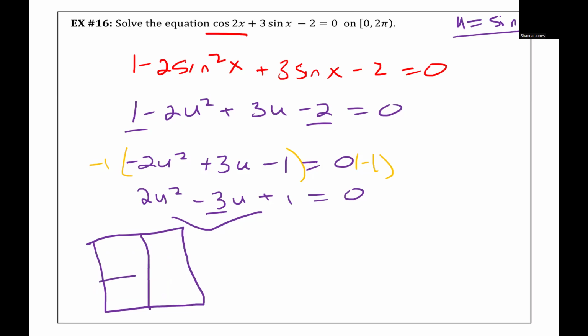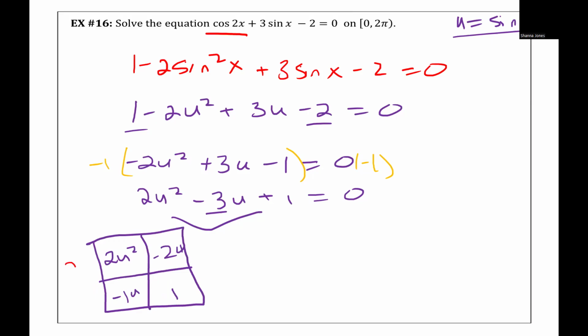Somewhat better. So we have 2u squared. We have 1. And what multiplies to give me 2, but adds to give me -3, that's going to be a -1 and a -2. And I'll put u because that's what it is. Remember, once you're in the box, you're just finding the GCF of everything.